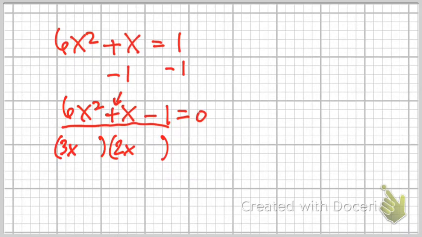So when I do my middle terms, I have to get a 1x. So I'm going to make this a 1 here, and then here I'm going to do a minus 1. The reason I do this is because a negative 1 plus a positive 1 is going to give me a 1x. All right, so this is my factorization of that left side.